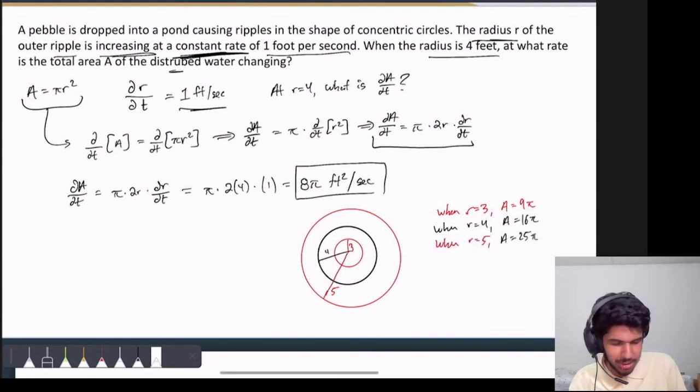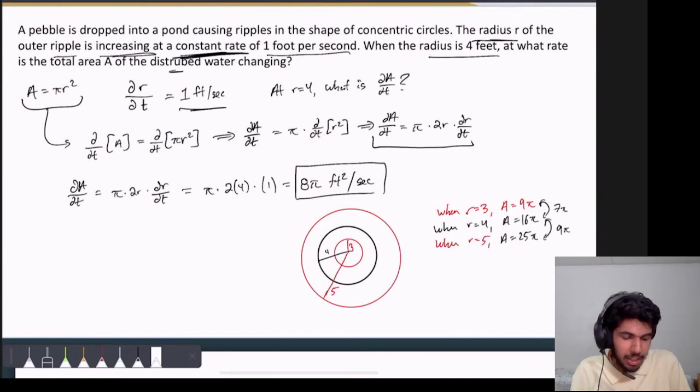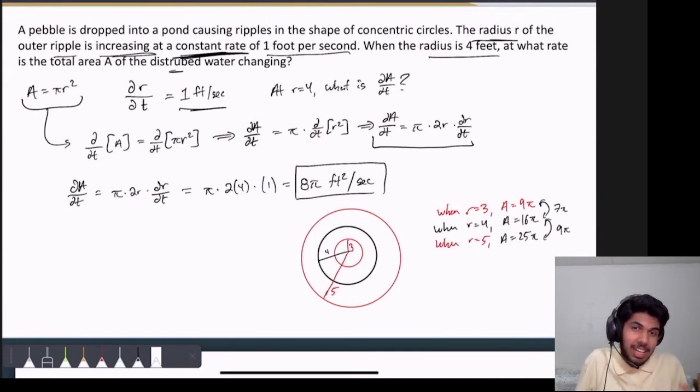I don't know why I just switched colors there. But we can see from here to here, the difference is 7 pi. And from here to here, the difference is 9 pi. So you can start to see that right when we're at 4, the rate of change is 8 pi, because the rate of change is growing over time. As the circles get larger, you expect the area to get larger as time passes.